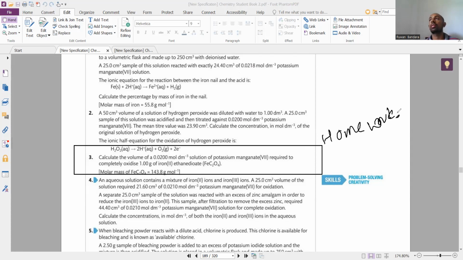Redox titrations, mainly focusing on redox titration based on potassium manganate. Okay then, that's it for today. I'll see you next week. God bless you.